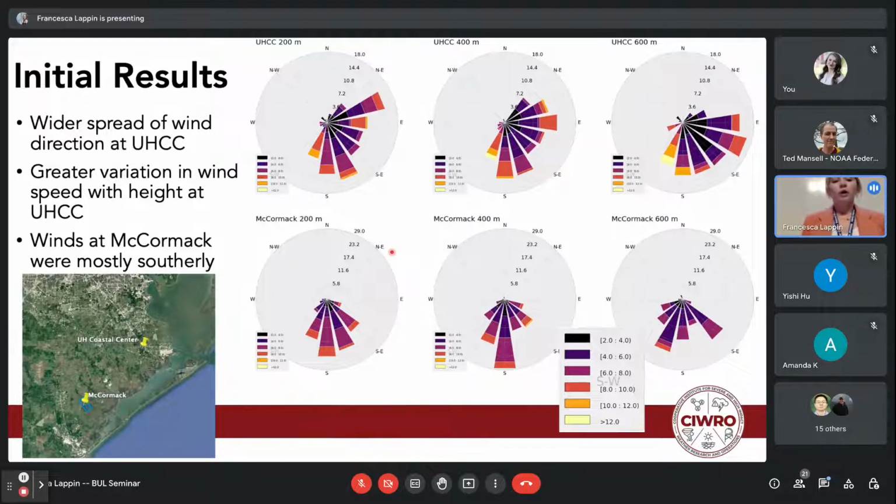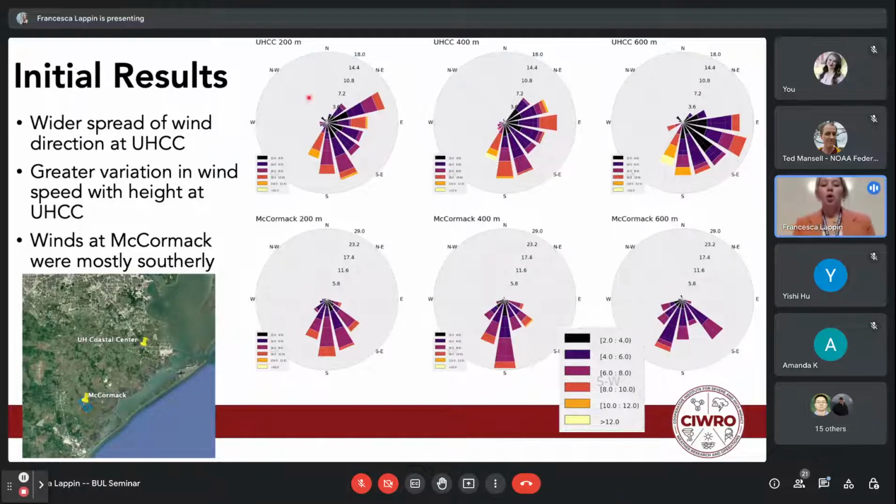And even more so if you notice that these normalized distributions are much greater over McCormick. So you're really having a much stronger signal and more data points coming from the southerly flow compared to kind of all over the place at the coastal center.